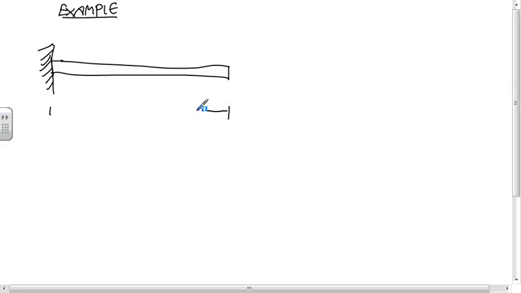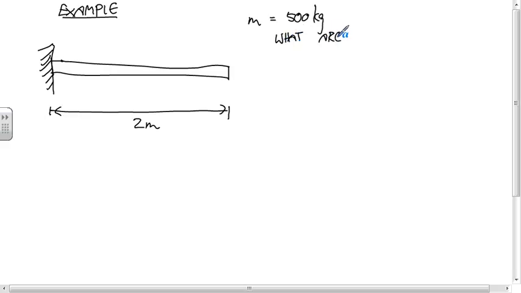Let's say that it's 2 meters long. And let's not put any external loads on it except the weight. And let's say that the mass is 500 kilograms. What are the internal loads as functions of x? So P of x, V of x, and M of x.